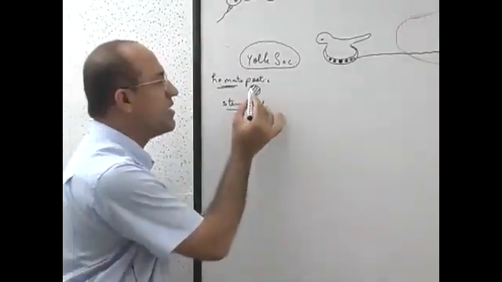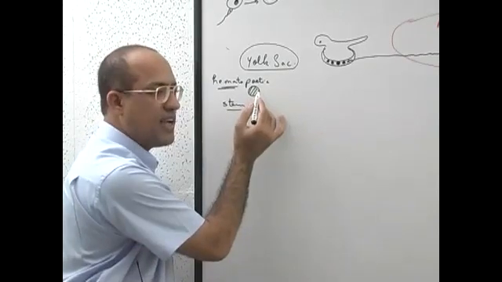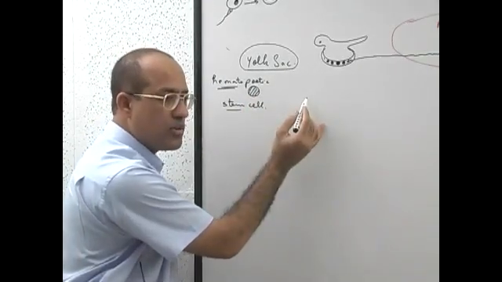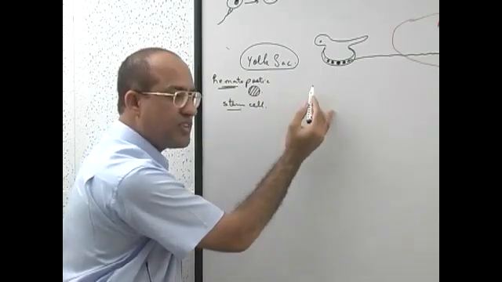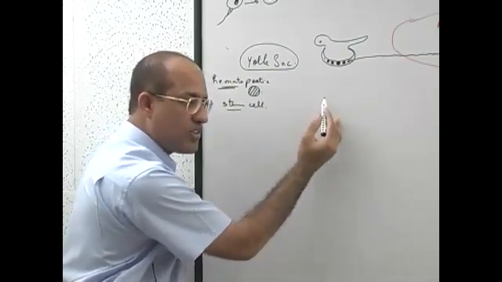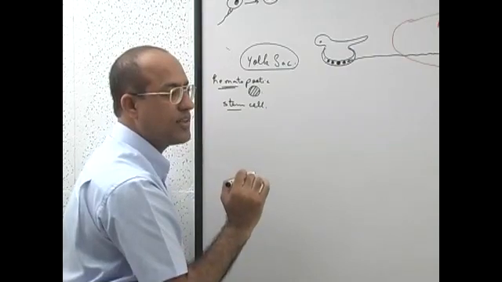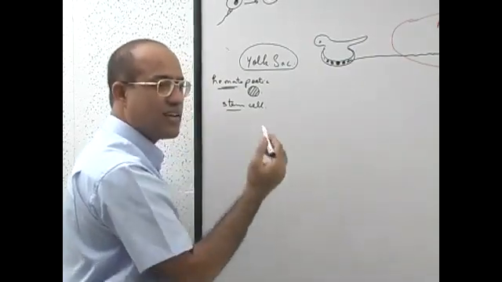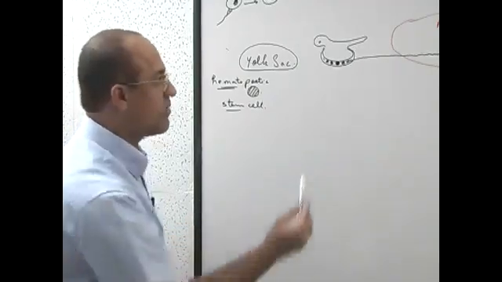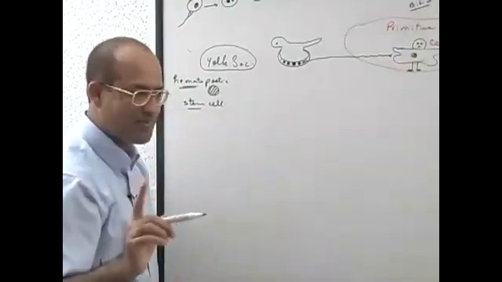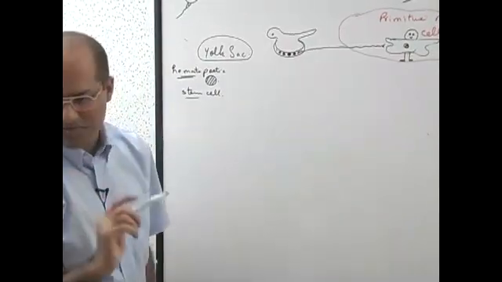A hematopoietic stem cell means that this cell can multiply and give rise to blood cells. This cell can multiply and make RBCs, WBCs and platelets. So from where are the cells coming which make the blood cells? From the mesenchyme, so from the mesoderm.